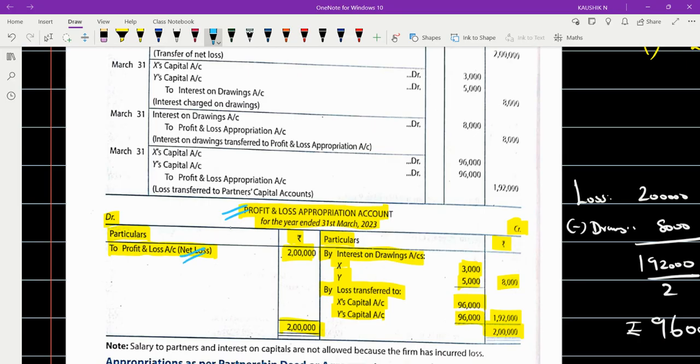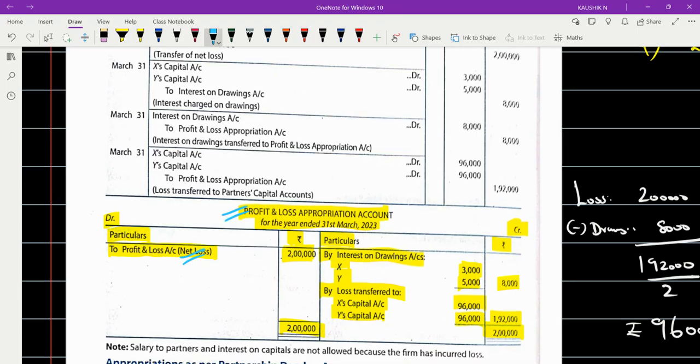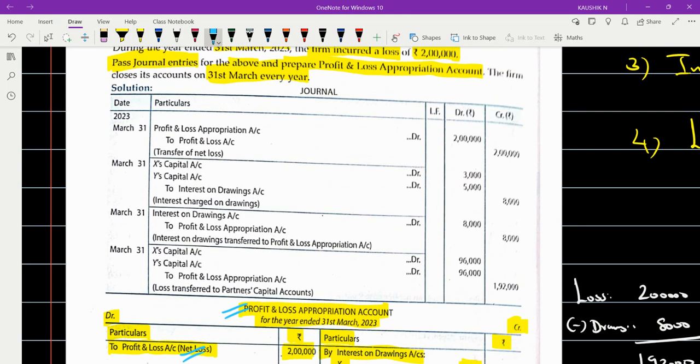So you have to match these two accounts, the profit and loss appropriation account and the loss value. The entry will be such that the profit and loss appropriation account is debited. Look here, the profit and loss appropriation account is the main account we deal with. That account will be debited and the profit and loss account should be credited.